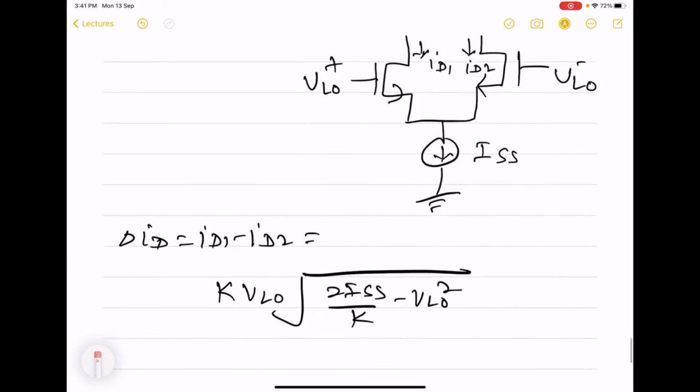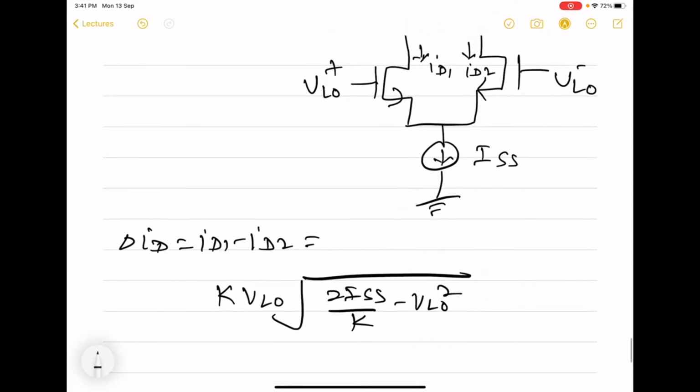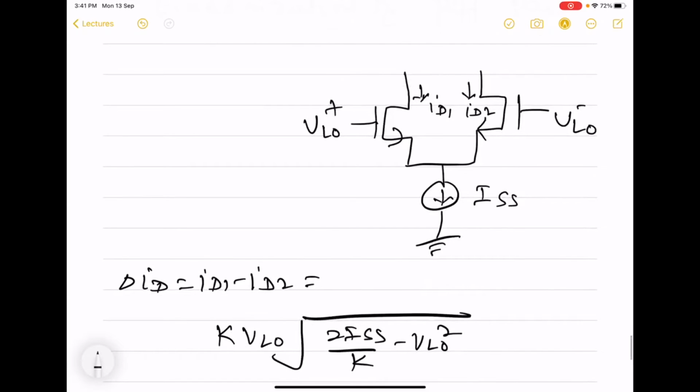So now what we want to do is that we won't have to neglect this VLO. That is why we want to make the modification. So now let us modify this differential pair where instead of ISS, we have ISS dash, a different tail current, such that this new tail current is equal to the earlier tail current plus 1 by 2 K VLO square.